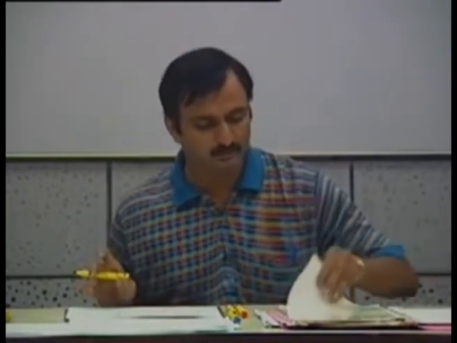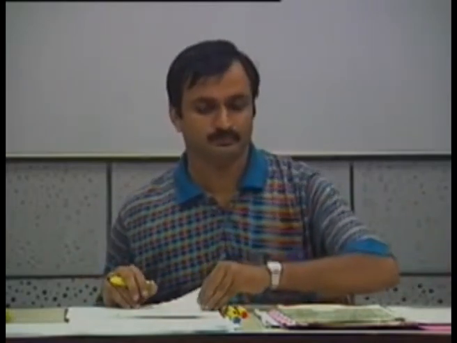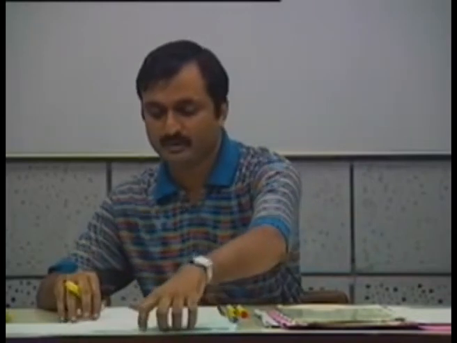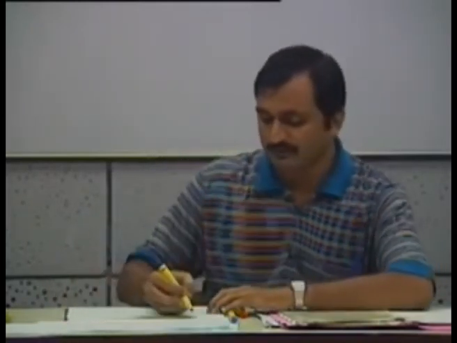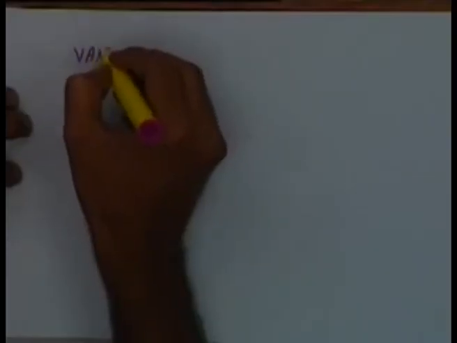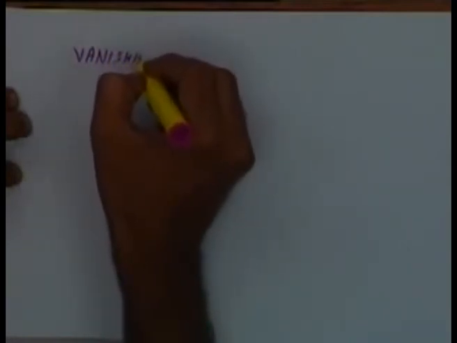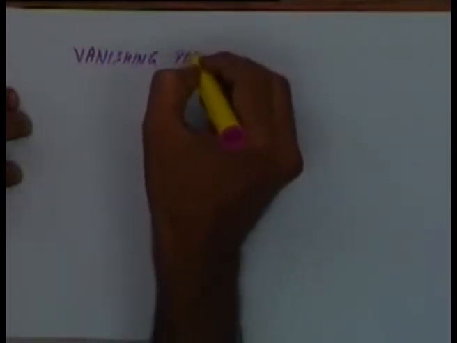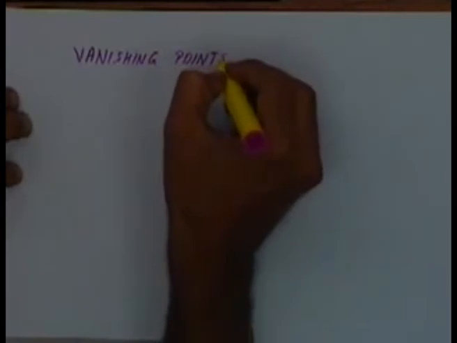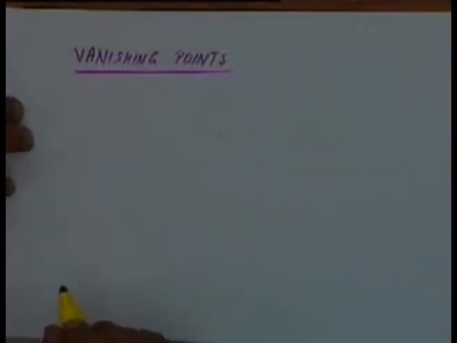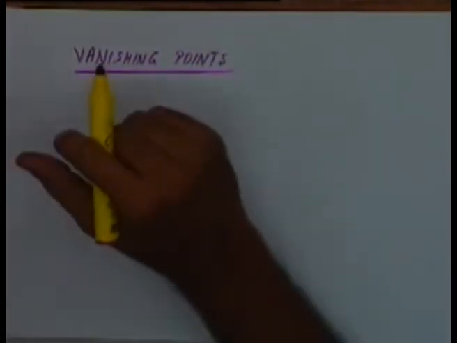Any question up to this point? Okay, just one more thing in perspective projections, and that is the concept of what we call vanishing points. Do you know what is a vanishing point in a perspective projection?